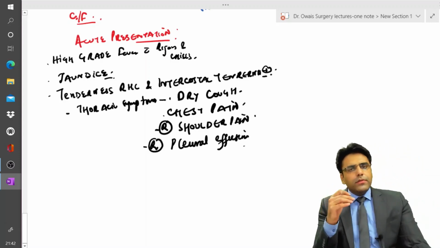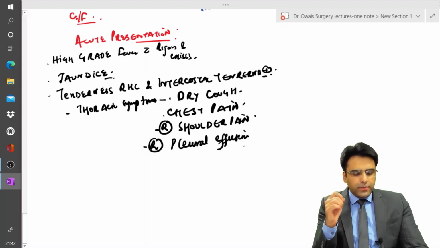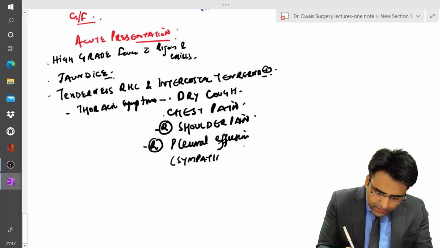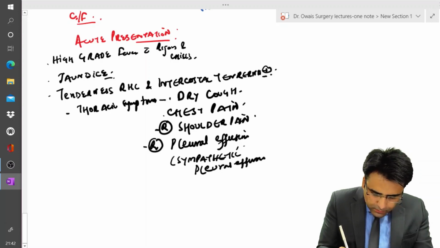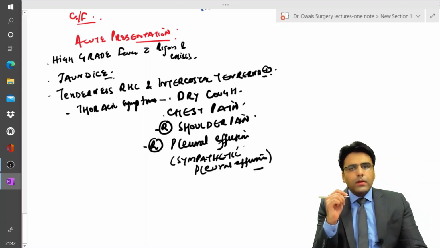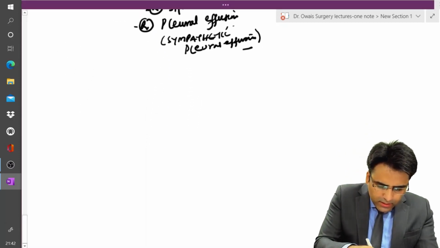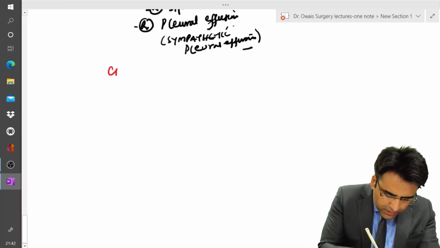The pleural effusion due to a liver abscess is termed a sympathetic pleural effusion. Clear?